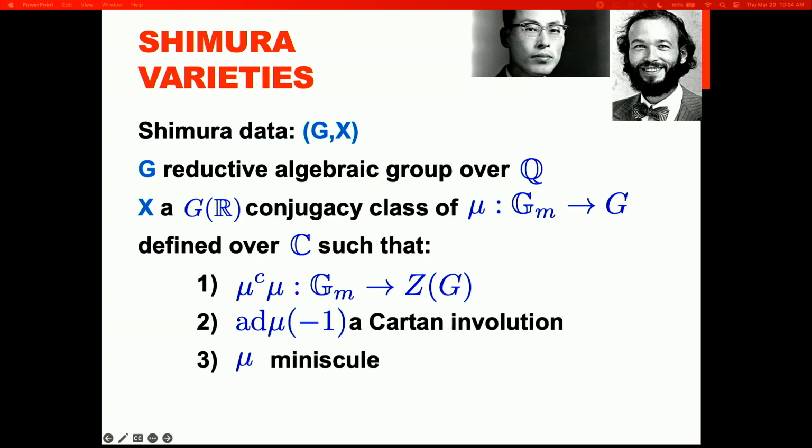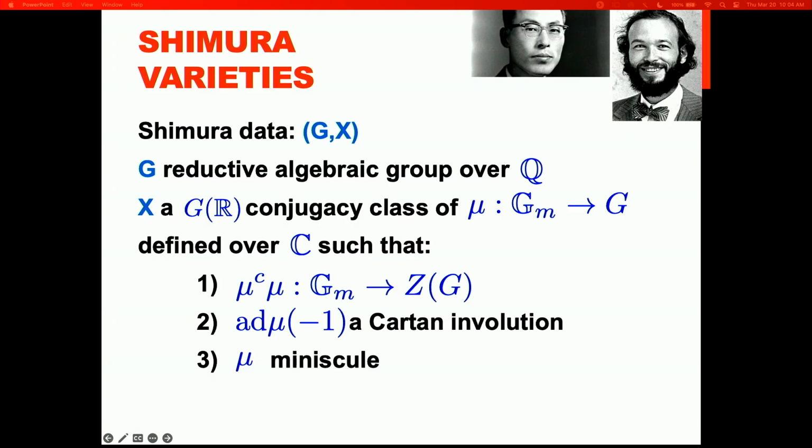Following Shimura's investigation of many different moduli spaces of abelian varieties with additional structure, Deligne proposed a theory of Shimura varieties. And to certain data, which he called Shimura data, he was going to associate algebraic varieties with certain properties.